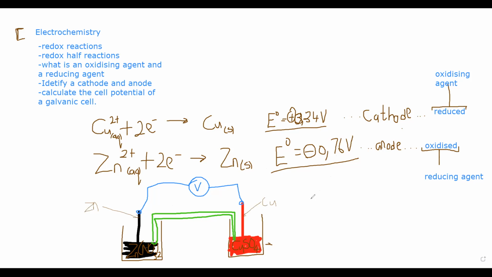And you need to know how to calculate the cell potential of the cell. So your E cell is equal to E cathode minus E anode.